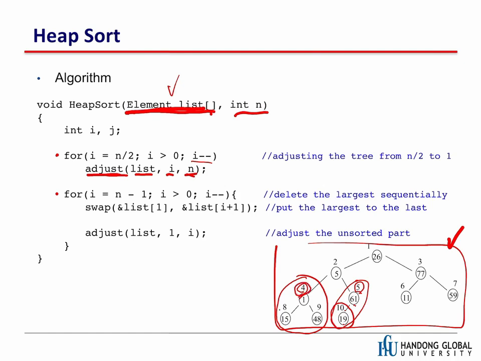When the root is 4, we focus on the 4 and 8 and 9, because when we take a child of this 4, the child is 8. But we have a right child, and the right child is larger than the left child, so 9 will be the child. This child 48 is larger than 1, so we are going to swap.